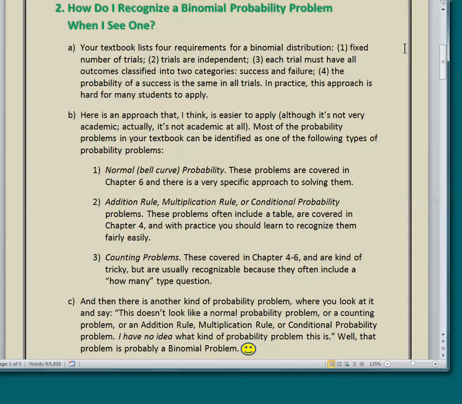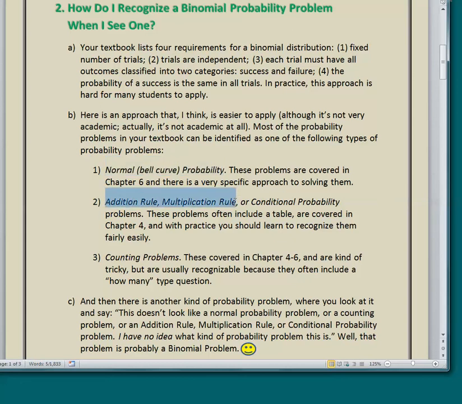In practice, this academic approach is hard for many students to apply. Here's an approach that I think is a bit easier to apply. And you'll see it says here, although it's not very academic. Actually, it's not academic at all. Most of the probability problems in your textbook can be identified as one of the following types of probability problems. Normal probability. These problems are covered in Chapter 6, and there's a very specific approach to solving them.